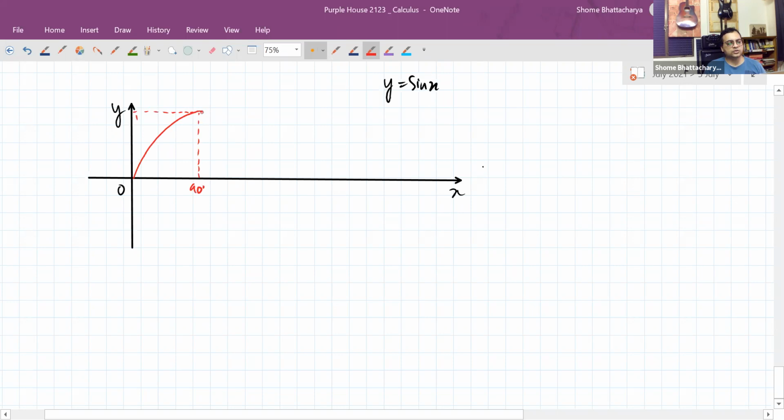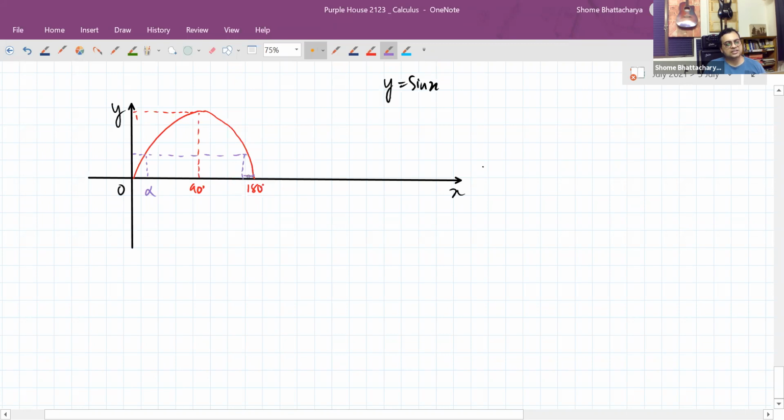But now in the second quadrant, you will remember sine was positive. So it comes back to 0 by the time you are at 180. One of the formulae we had seen earlier today: sine of 180 minus alpha is the same as sine alpha. You can understand this over here.